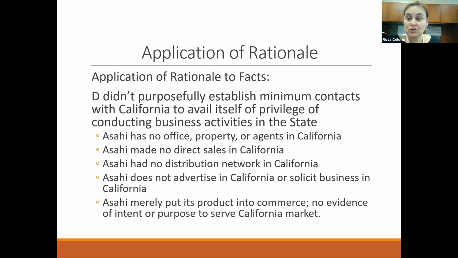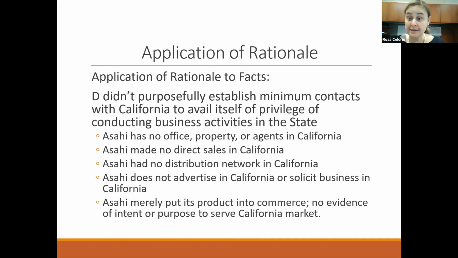Okay, and there's actually a very detailed analysis of how the court considers that Asahi didn't purposely establish minimum contacts with California to avail itself of the privilege of conducting business activities in the state. And then it goes through the motions.